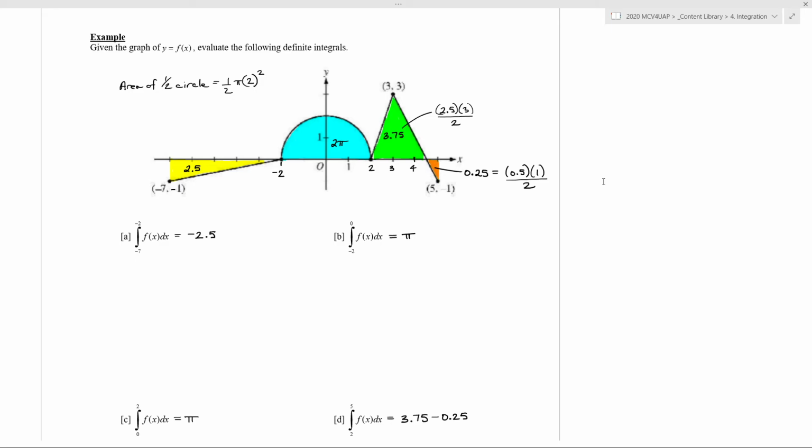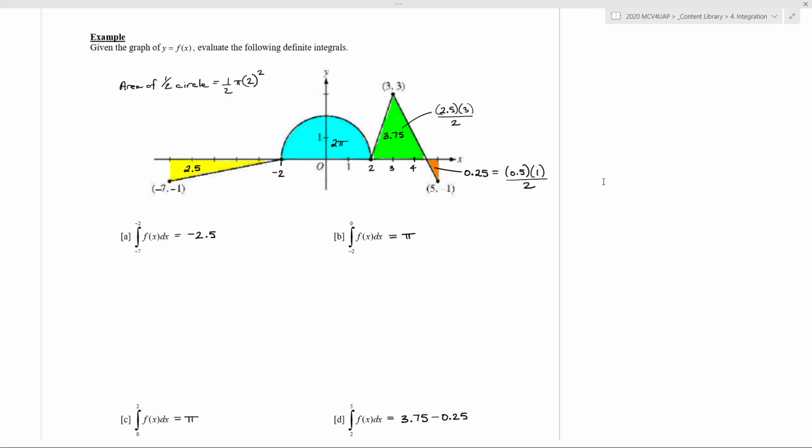Part A says find the definite integral from -7 to -2 of f of x dx. Well, you're integrating from left to right, and that is below the x-axis, so your answer is -2.5. Part B, you're integrating from -2 to 0, from left to right.